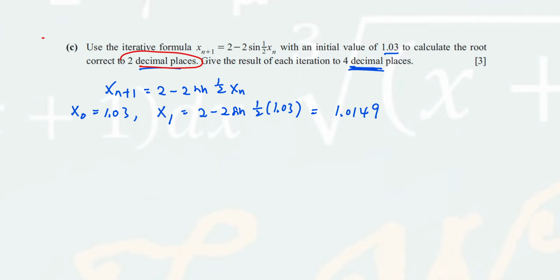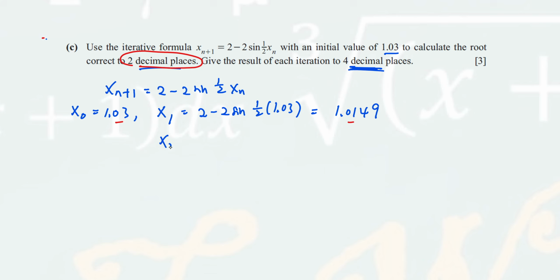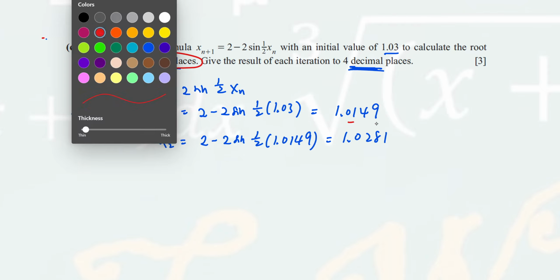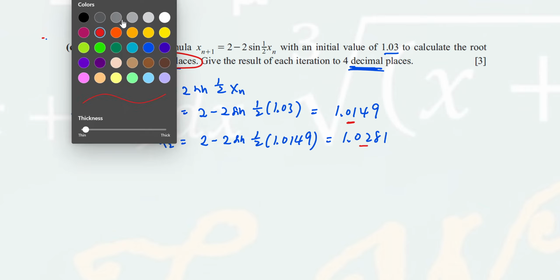Now, when do we stop? Since the answer is 2 decimal places, if you want to stop, you must get a similar or identical value after you round to the second decimal place. Okay, so obviously they are not equal. That means we have to continue. So x2 is going to be 1.0281, and when you round it, the next value is 1.03.